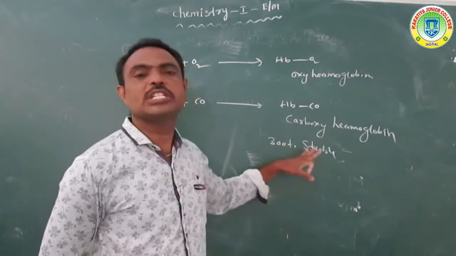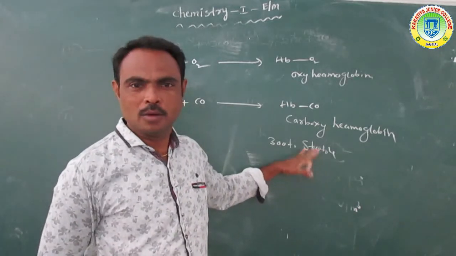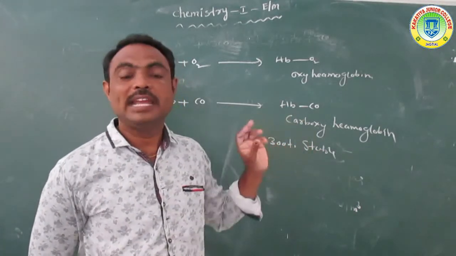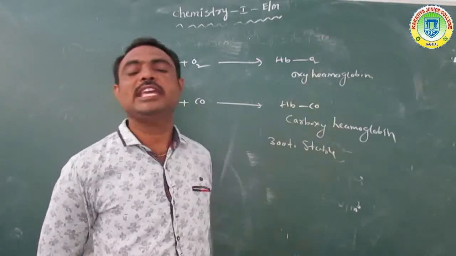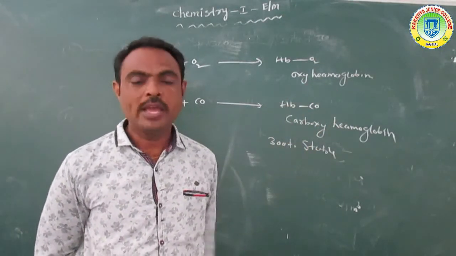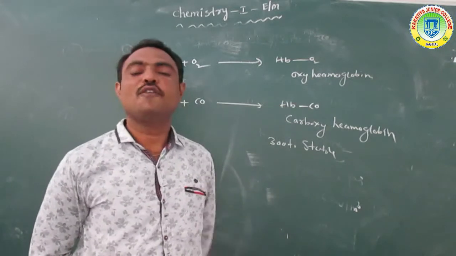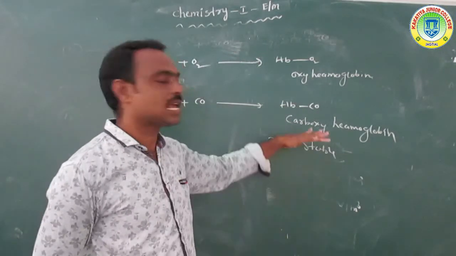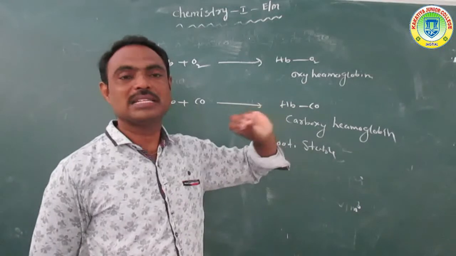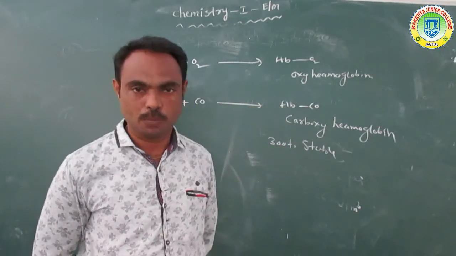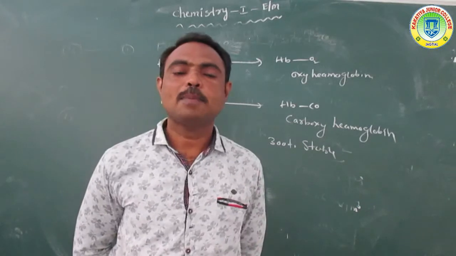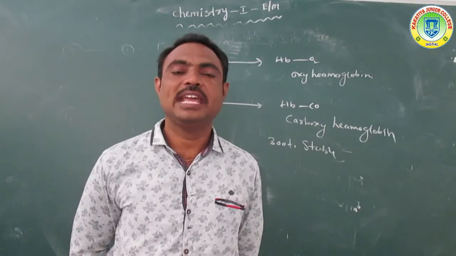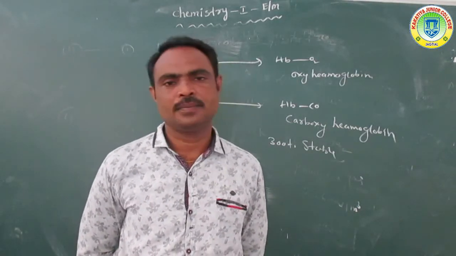It is a more stable complex, 300 times more stable than oxyhemoglobin. So it forms a number of diseases, and sometimes a human being can even die. Due to this reason, carbon monoxide is a very dangerous poisonous gas.